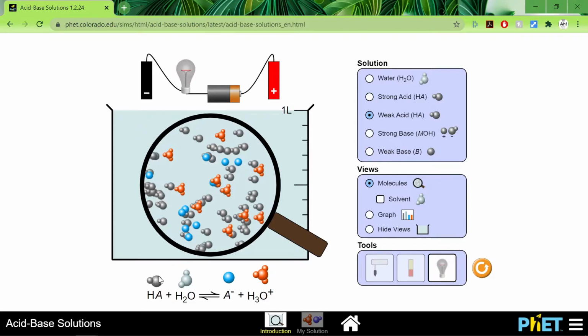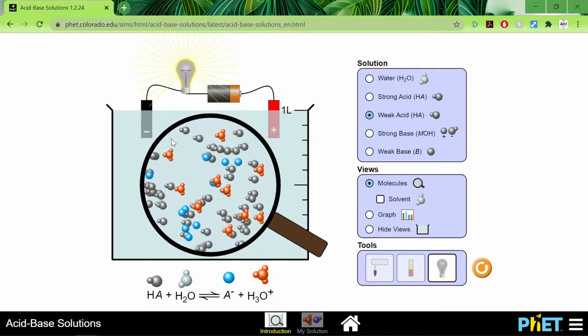Only a few anions and hydronium ions are present. So if I add 100 molecules of a weak acid to water, I will wind up with more than 90 molecules of what I started with and very few ions. If we use our conductivity meter again, we can see that the light glows, but it glows much less brightly.